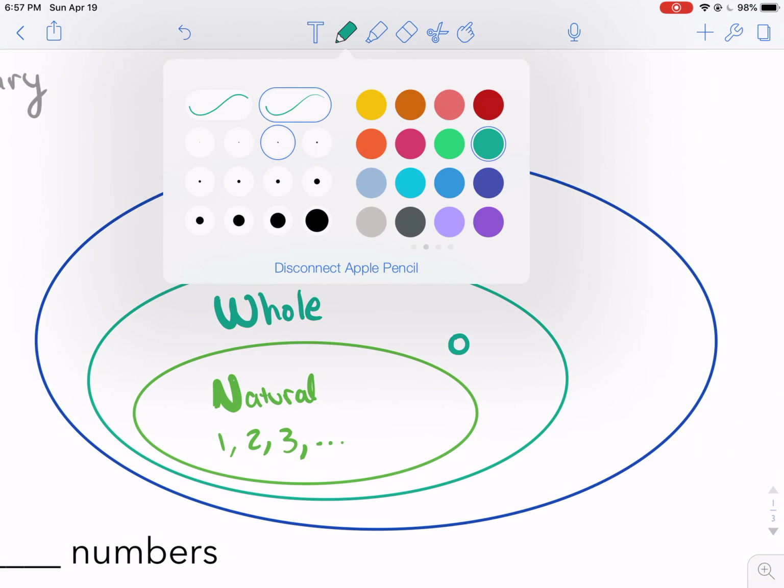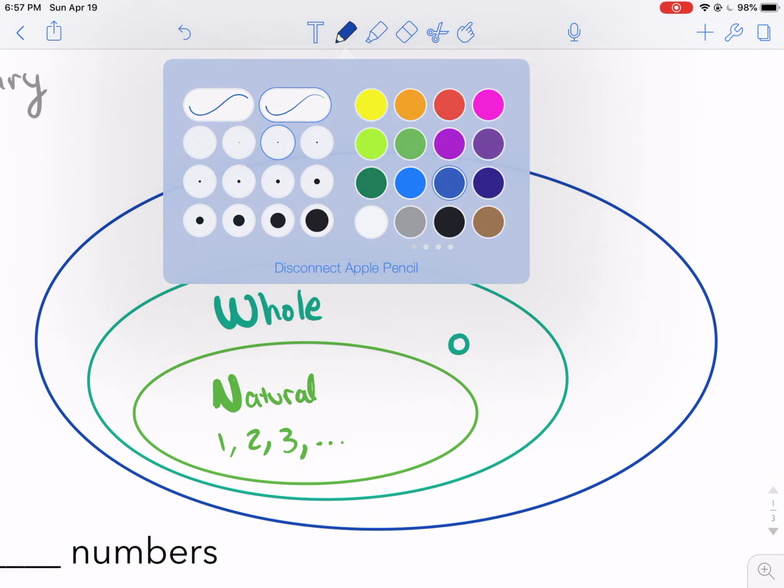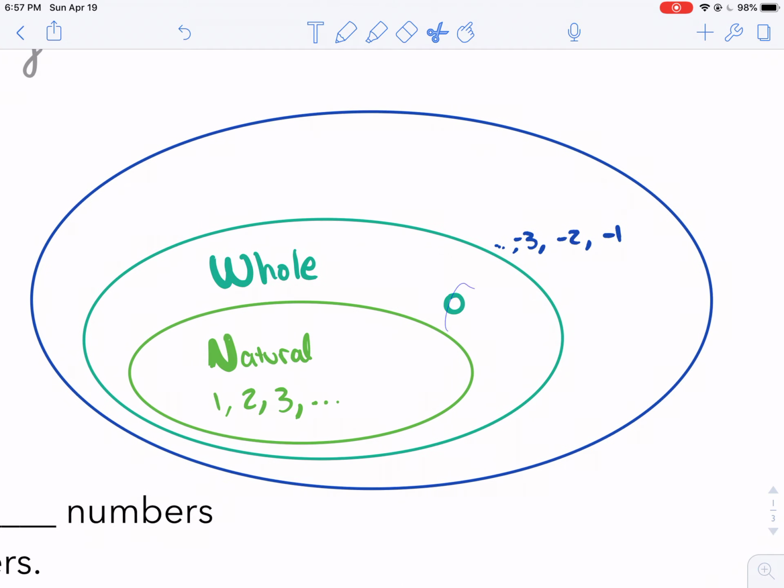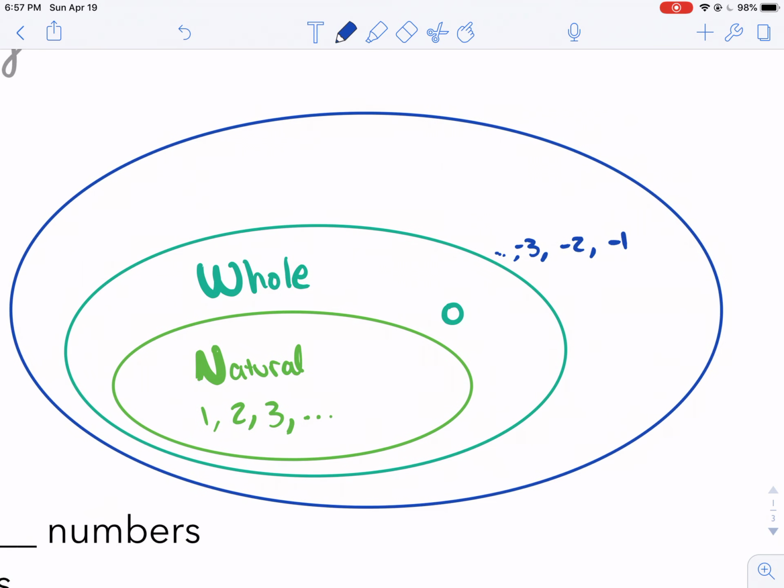Our next set of numbers includes not only 0, 1, 2, and 3, but also -1, -2, -3, etc. Those are basically your counting numbers, 0, and your negatives. We call those integers.